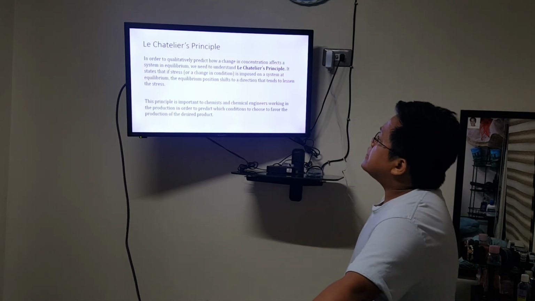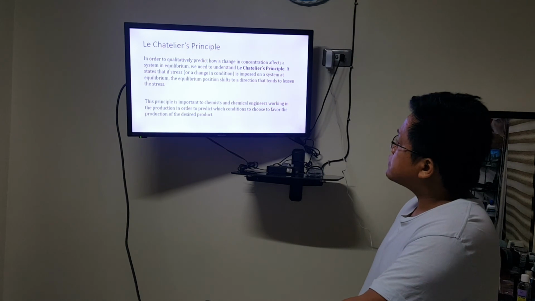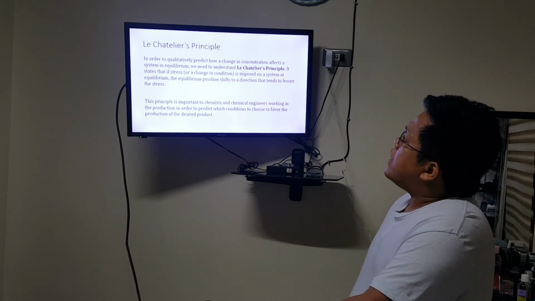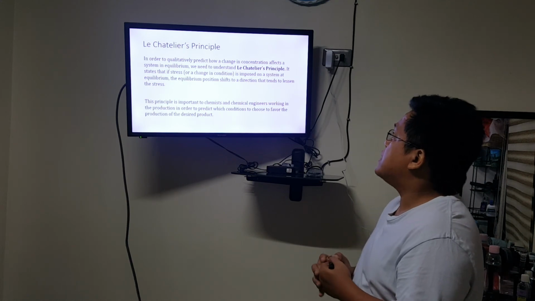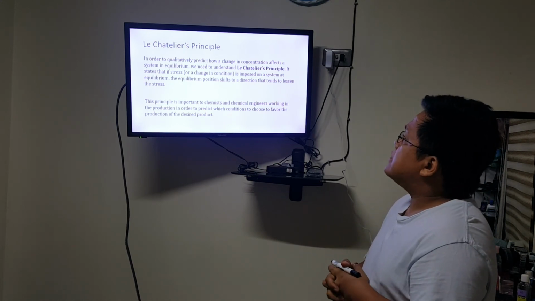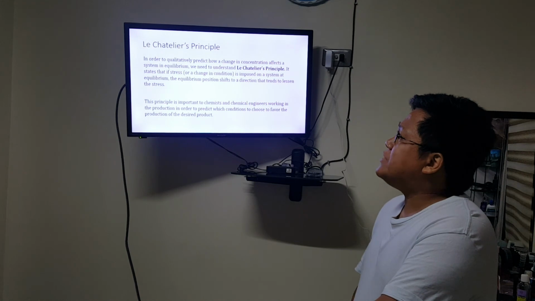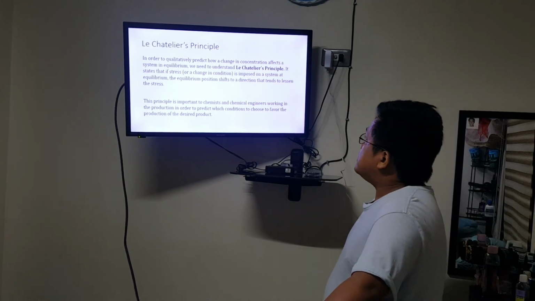Le Chatelier's principle. In order to qualitatively predict how a change in concentration affects a system in equilibrium, we need to understand Le Chatelier's principle.